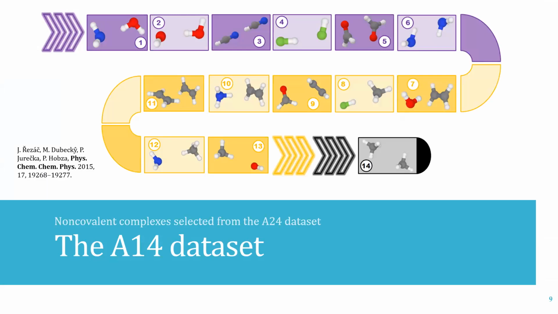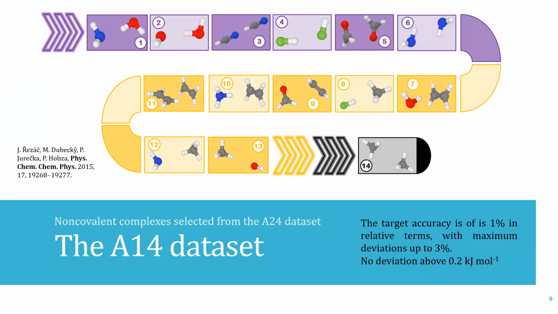We test this scheme and the CBS plus with the F12 methodology, using as reference a set of noncovalent complexes, which was reported in the literature, and is a part of a larger data set called A24. We call this A14.